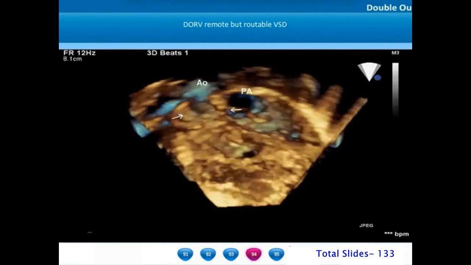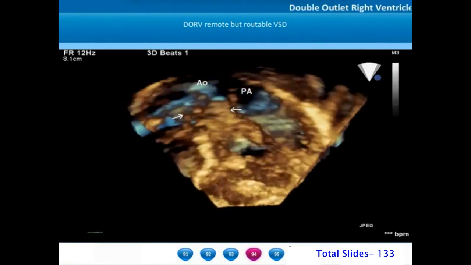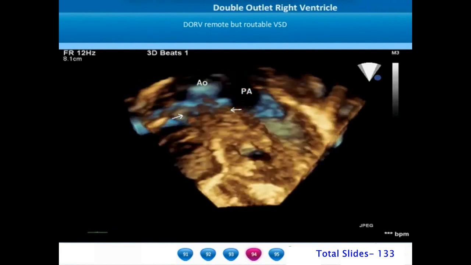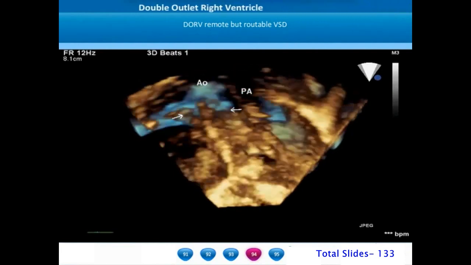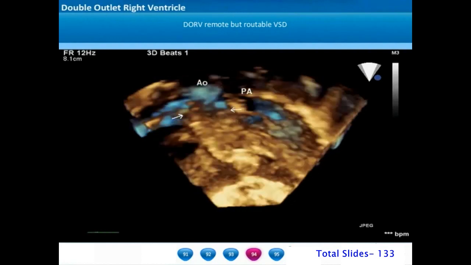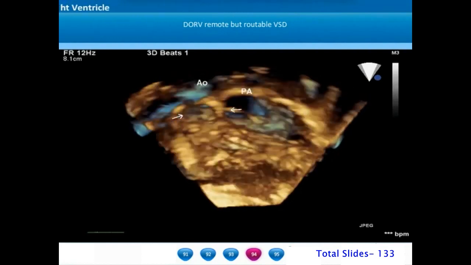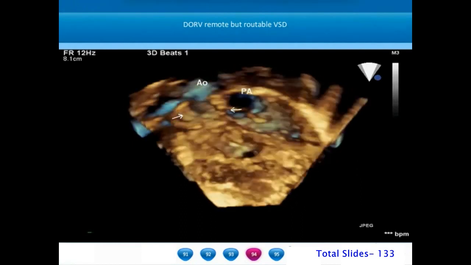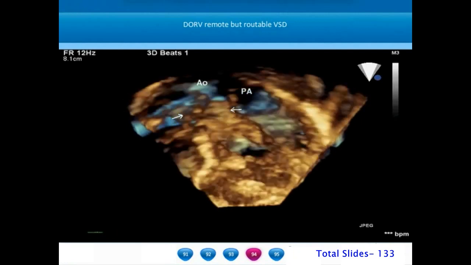On a three-dimensional echocardiogram, where we lay open the right ventricular septal surface, we can appreciate that the ventricular septal defect is far remote from the aortic annulus. The aorta and the pulmonary arteries have been labeled. The arrow marks point to the region of the aortic annulus.